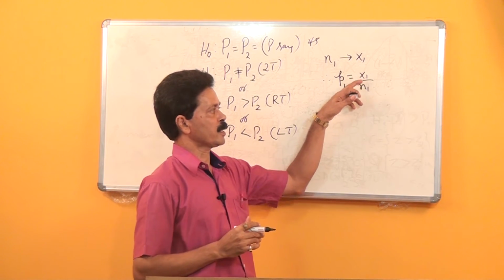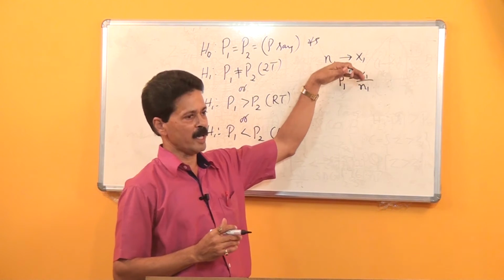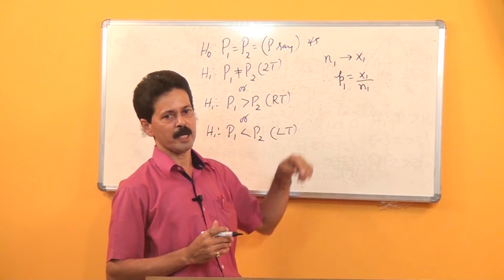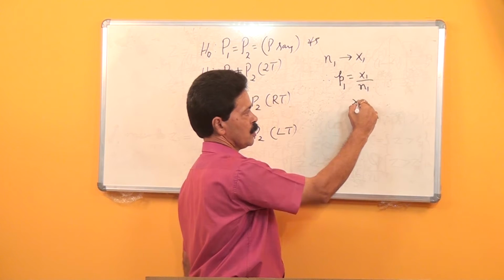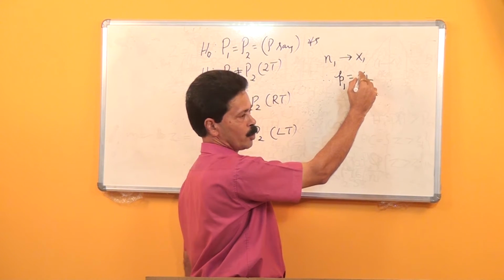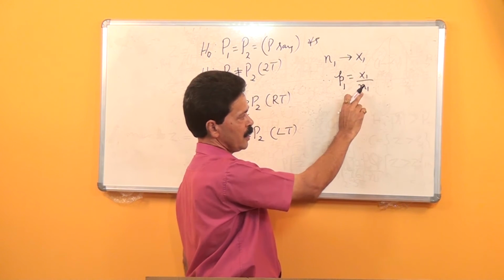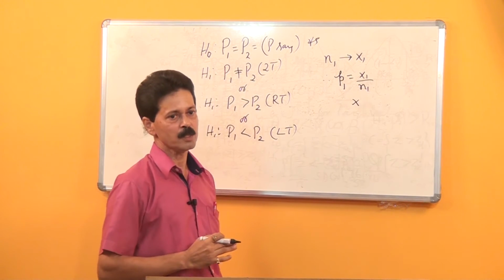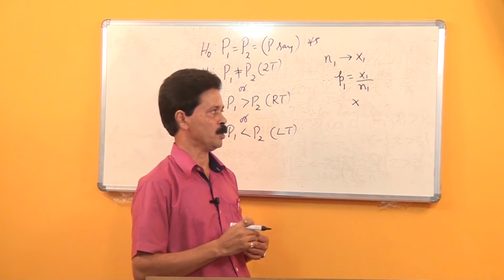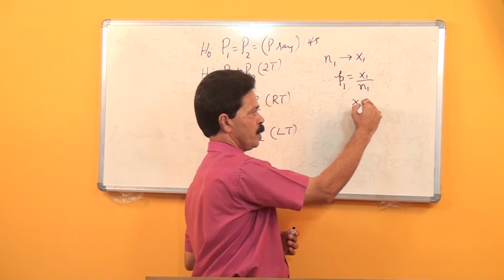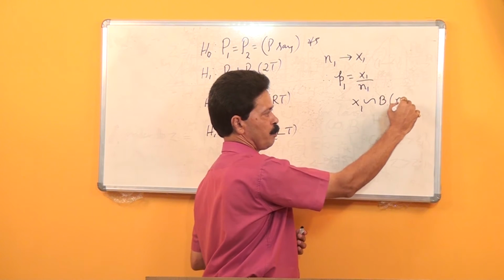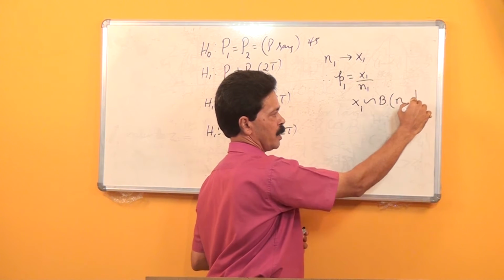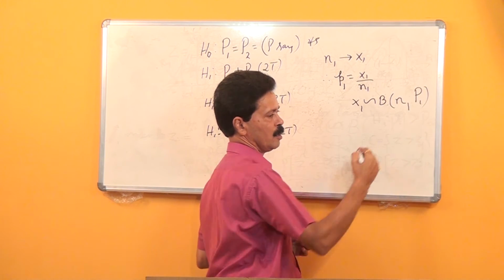As you know, X1 by N1 is just like favorable number of outcomes by total number of outcomes. So X1 means the number of individuals possessing the characteristic in a sample of size N1 drawn from the first population. And we know that X1 follows a binomial distribution with parameters N1 and population proportion capital P1.